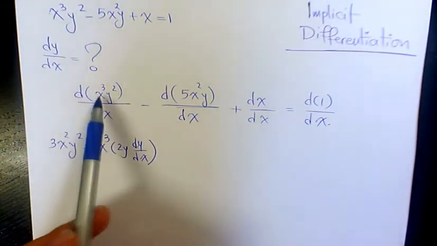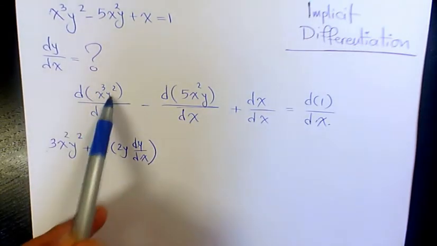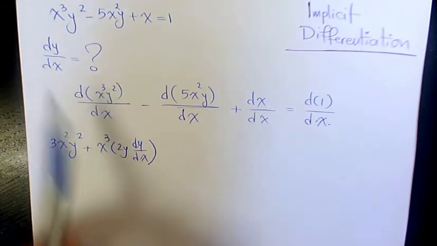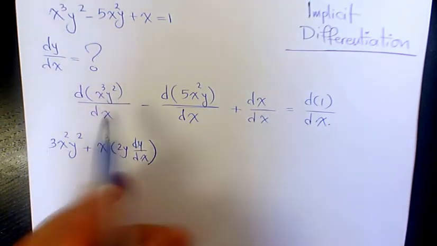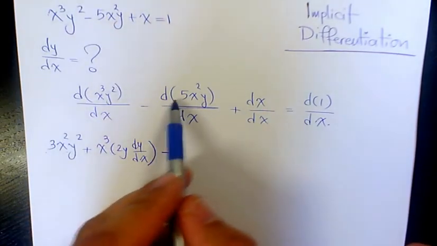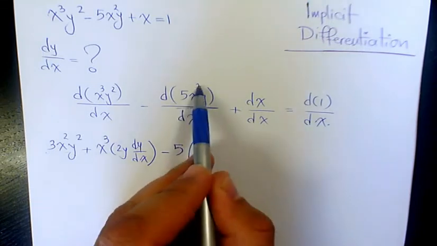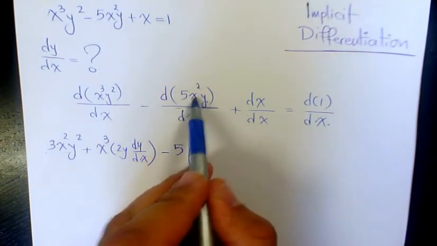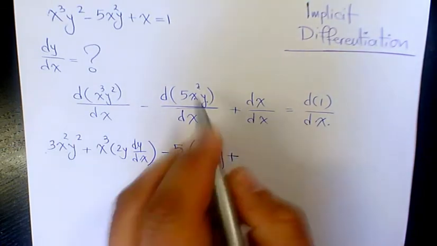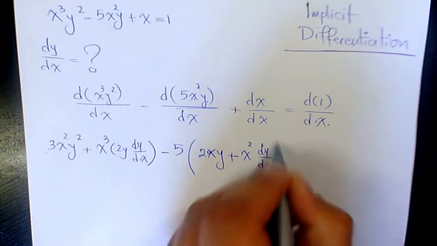From the product rule, it's going to be the derivative of x cubed, which is 3x squared, times y squared, plus x cubed times the derivative of y squared, which is going to be 2y dy over dx, minus, here we have 5 times the derivative of x squared y. So the derivative of x squared is going to be 2x times y plus x squared times the derivative of y, which is dy over dx.